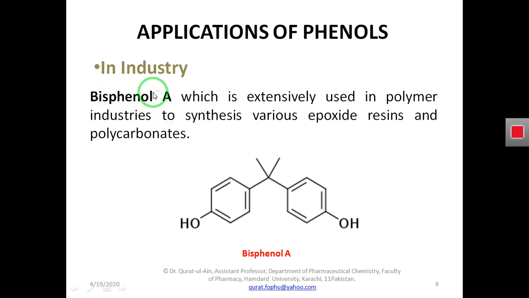This is a compound based on two molecules of phenol. Bisphenol A is used in the chemical industry to make resins or plastics like polycarbonate. These polycarbonate plastics are used to make plastic bottles that we use to store water or food.